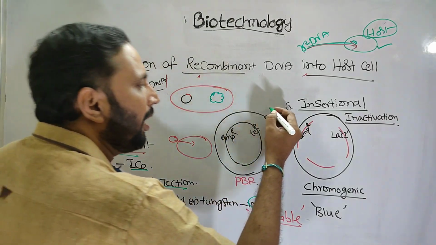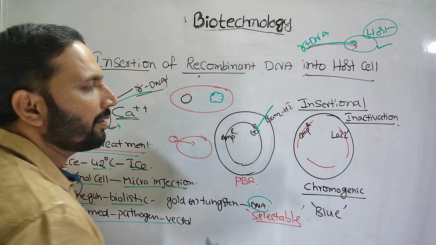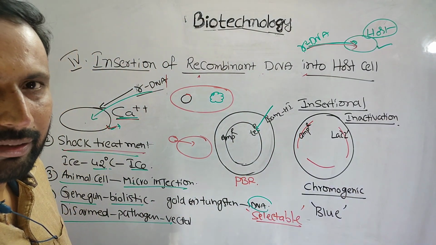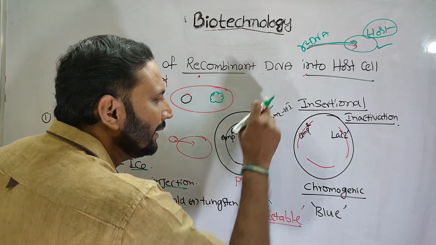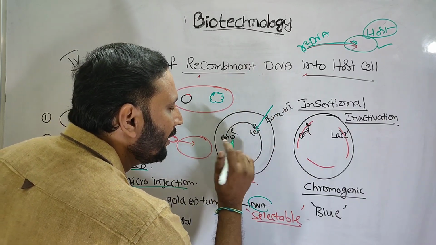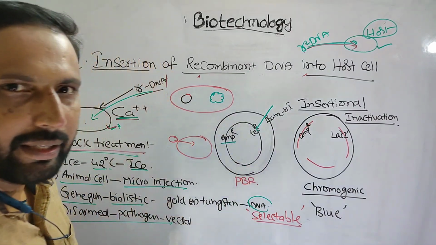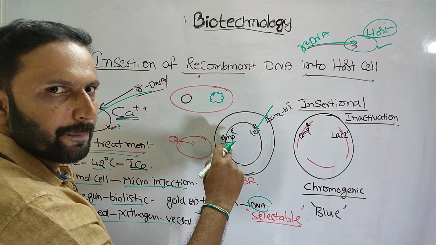Suppose the foreign gene is inserted in this region, disturbing the tetracycline antibiotic gene. It means the tetracycline gene is disturbed by the foreign gene. So that recombinant DNA contains only ampicillin antibiotic resistance.